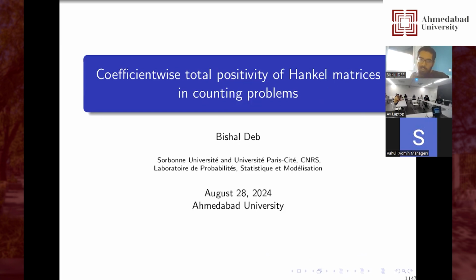And then I will add the first word to this entire thing, which is coefficient-wise total positivity of Hankel matrices. Then we will see some proof techniques, how one proves this property. And I'll end with some results and just brush over some results and some open problems. So let me begin.